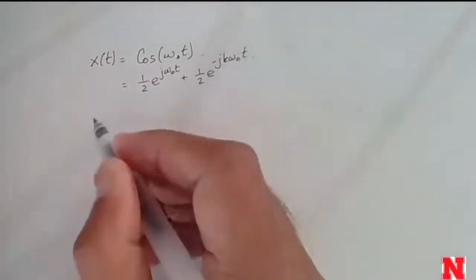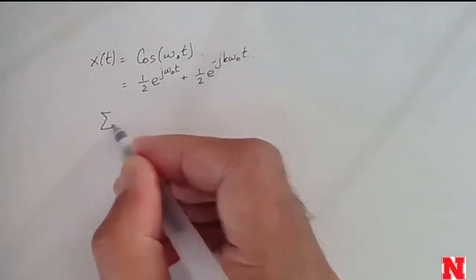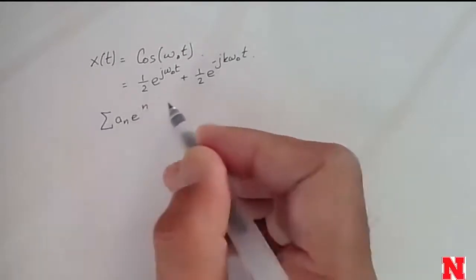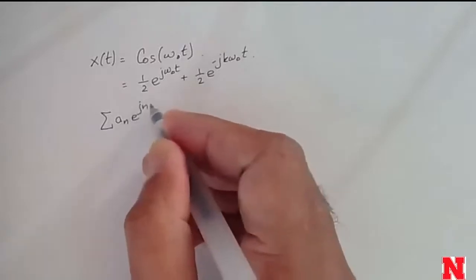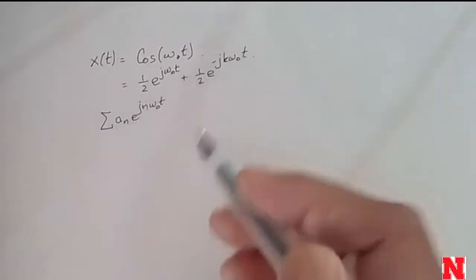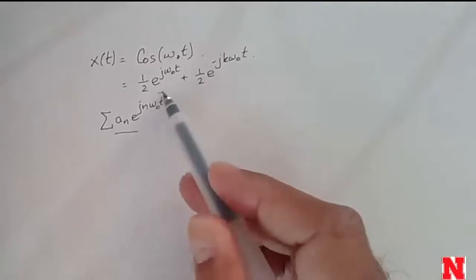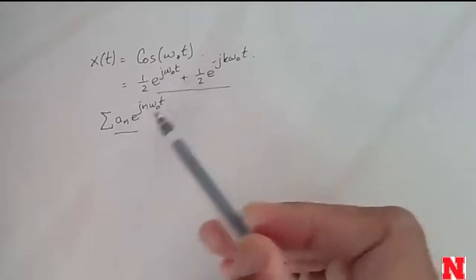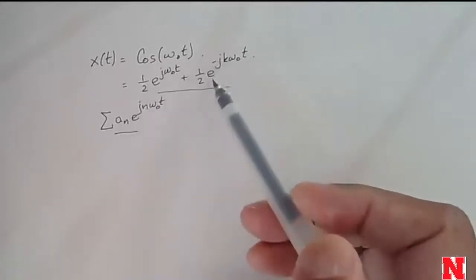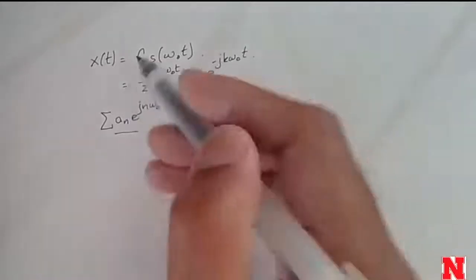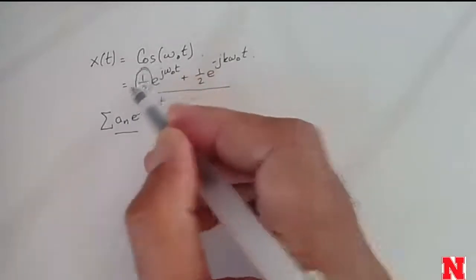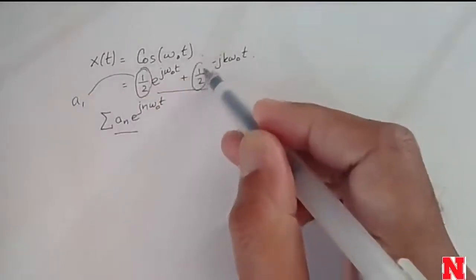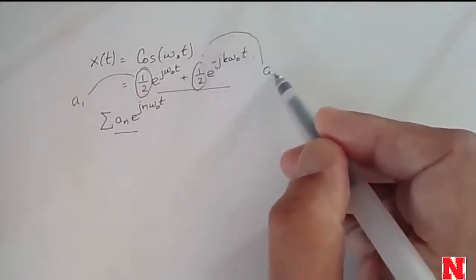So the Fourier series is of the form summation a sub n e to the j n omega naught t. Let's compare this expression with this expression, and you can see that here n is equal to 1, and here n is equal to minus 1. So this coefficient here is the a sub 1 coefficient, and this coefficient here is the a sub minus 1 coefficient.